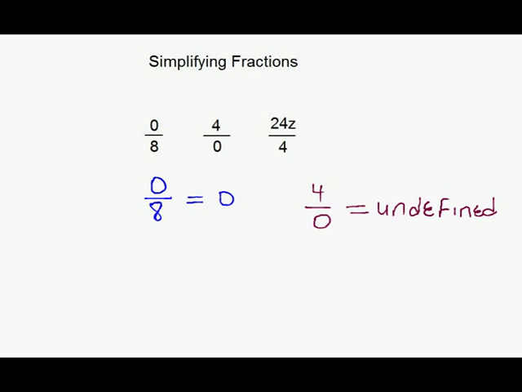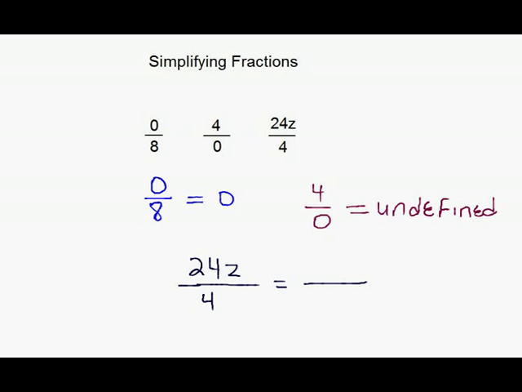Our last example is 24z over 4. We have a variable in the numerator. To simplify this fraction, we'll divide. 4 goes into itself one time.